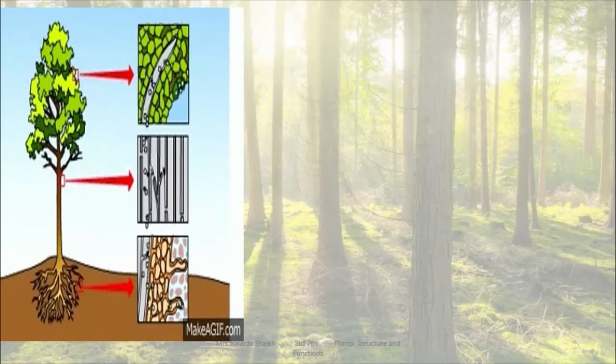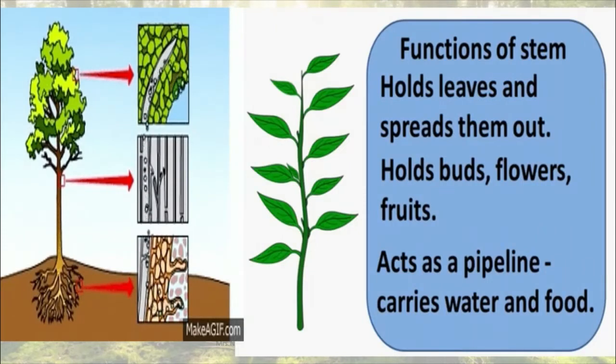If you have a tank at the top of your building or house, you have pipes coming down into your house and then you have the taps, so that you can use it. Similar to that, the roots and the stem have pipelines, small veins. They are called xylem and phloem, which carry food and water throughout the plant. So the stem is very important because it holds the leaves and helps in spreading them out. As I told you, leaves arise from the nodes of the stem.